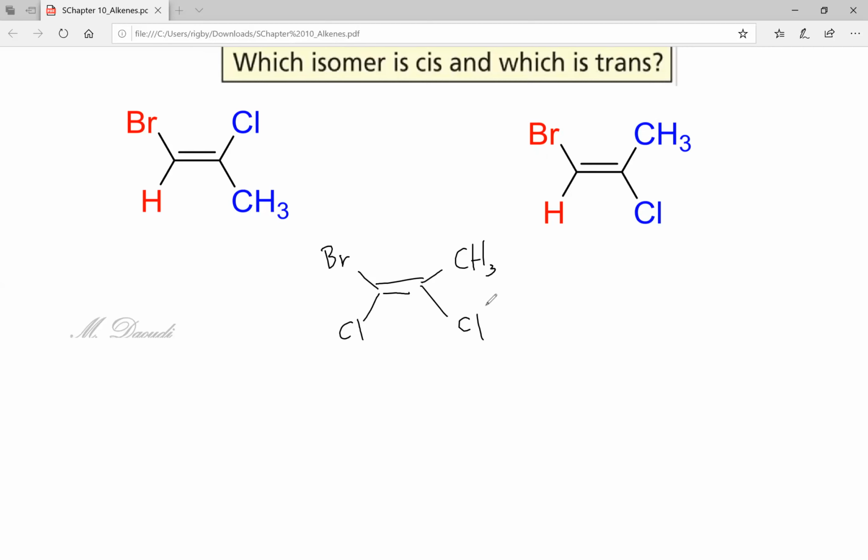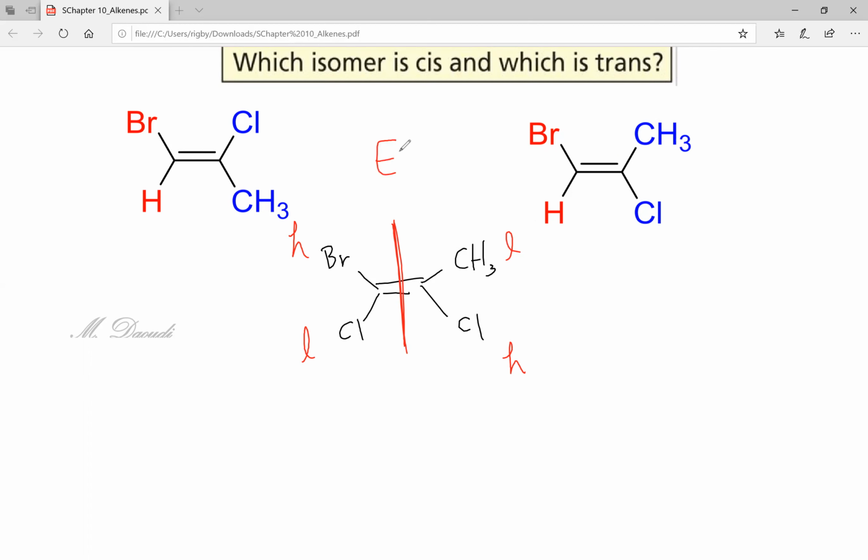So now what we have here is if we separate each side, we're still going to do the priorities for each one of these. Bromine has a higher atomic number than Cl, so it's going to be the high, and Cl will be the low. On the right side, it's still completely separate from the left side, so the Cl is still going to be high, CH3 is going to be low. And so we can see that this guy here is considered to be E.